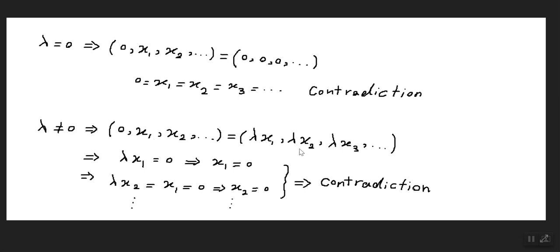Then x1 equals lambda x2, so lambda x2 equals lambda x1, and x1 is 0, so lambda x2 equals 0. Again, lambda is not 0, so x2 must be 0. If we continue this process, you will see x1, x2, x3, all are 0. Again, this is a contradiction, because we said x is non-zero.